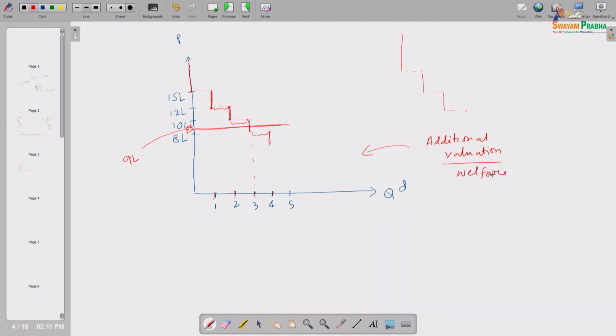What we are trying to capture here is that my willingness to pay is 15 lakh rupees, but the market price is allowing me to purchase that same commodity by paying only 9 lakh rupees.